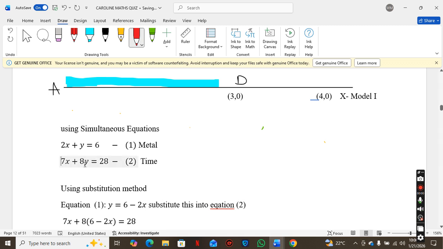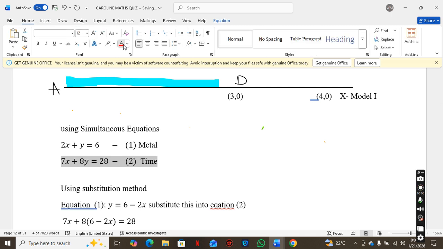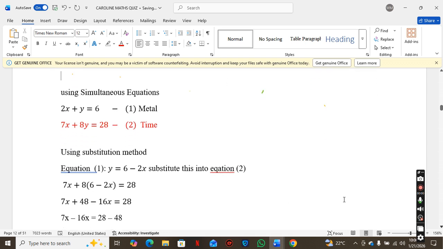Where there's a y, we'll substitute it with 6 minus 2x. As you can see here, 7x plus 8 open bracket 6 minus 2x, this was where the y was, equals 28.